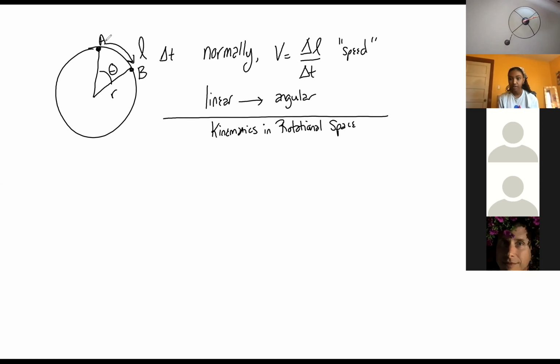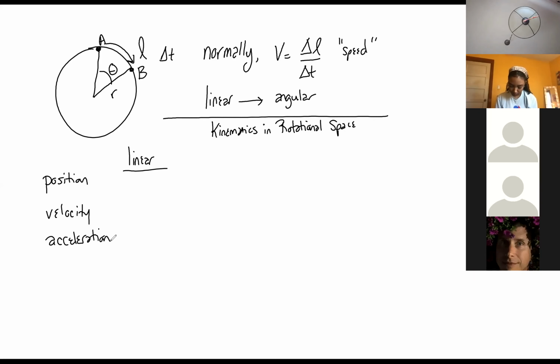Think back to September, when we began thinking about kinematics as a whole. We thought about three different kinds of kinematic quantities: position, then velocity, then acceleration.